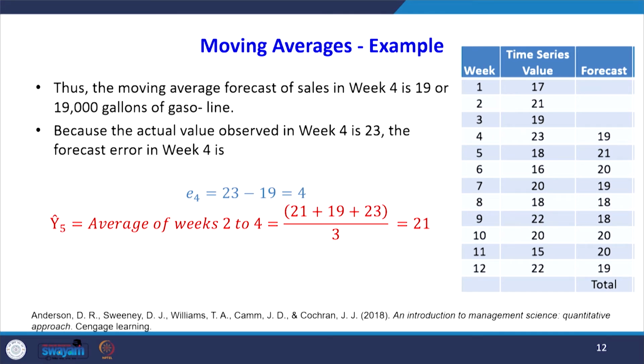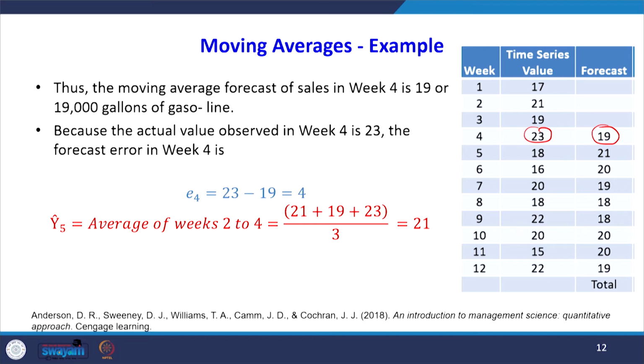Thus, the moving average forecast for sales in week 4 is 19, or 19,000 gallons of gasoline. Because the actual value observed in week 4 is 23, the forecast error in week 4 is, we know, actual minus predicted. So, actual is 23, predicted is 19, the difference is 4.